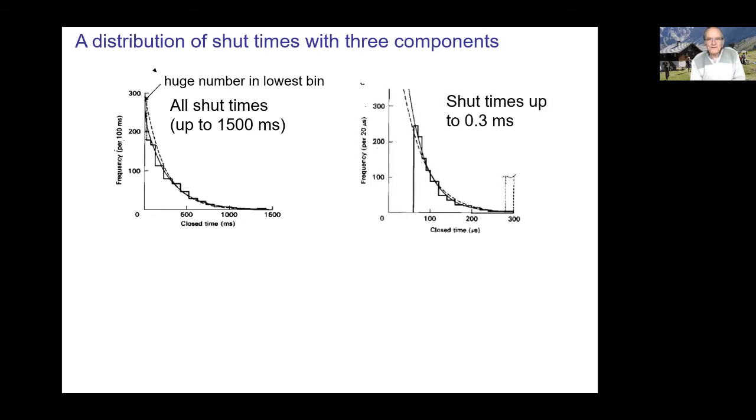So if you plot only the very fastest bit of the distribution, up to 300 microseconds, as opposed to up to 1.5 seconds, you see a distribution like this. And of course, there's a big excess in this bin for things above 300 microseconds because there are many longer shuttings as well. And you see that there are many short shuttings.